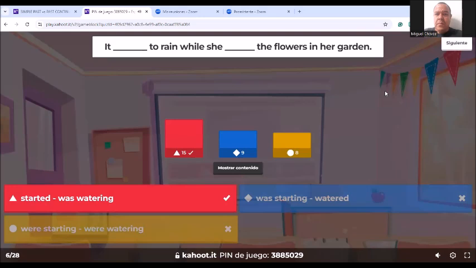It started to rain while she was watering the flowers in the garden. This is another example that an action is interrupted by another one.